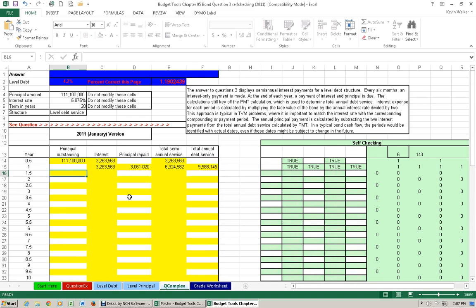So principal outstanding, right? Remember, principal outstanding is simply this minus whatever you repaid. So in this case, equal sign. We're going to start with that, and we're going to subtract that. All right. Now we start over. All right. Interest.